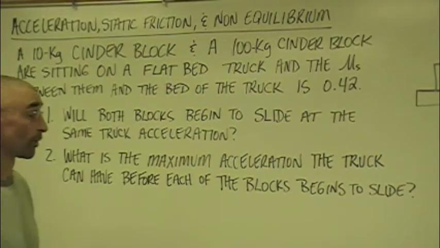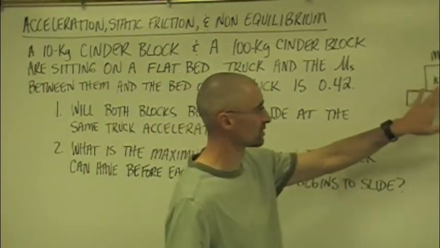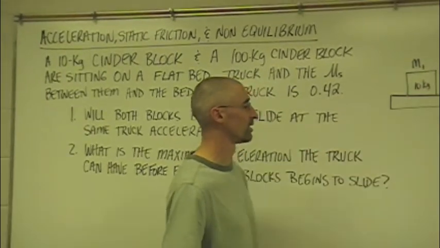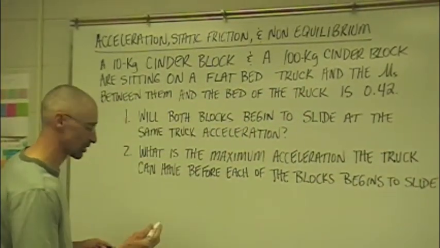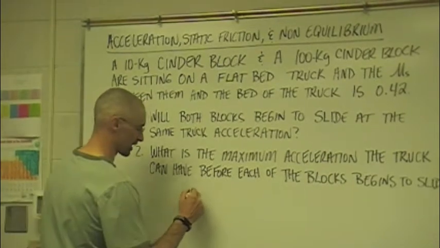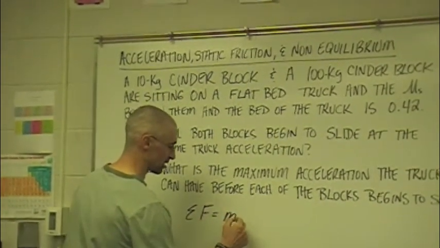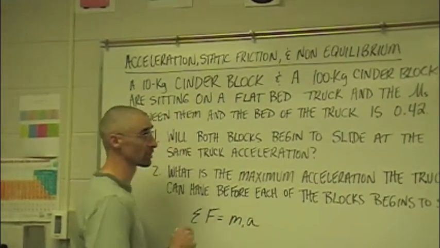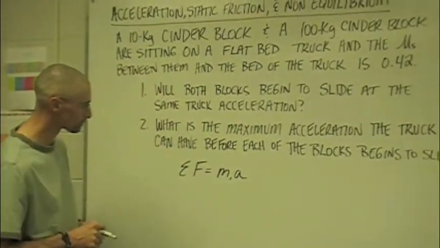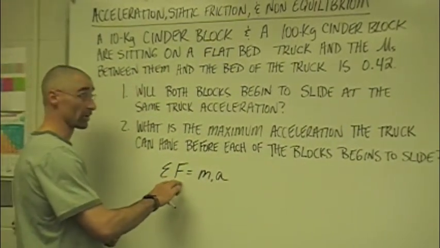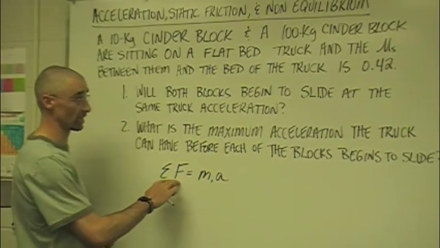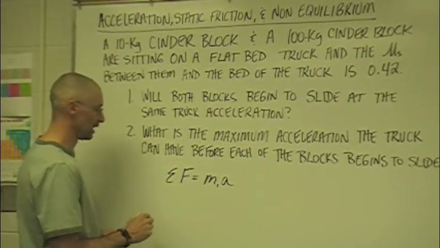The only force that's going to cause these things to accelerate is the force of static friction, max. So we can go back to Newton's second law. We can say the sum of the forces is equal to mass 1 times acceleration, if we're talking about the 10 kilogram block. Now, we talked about earlier that the force that's actually causing it to accelerate is the force of static friction.